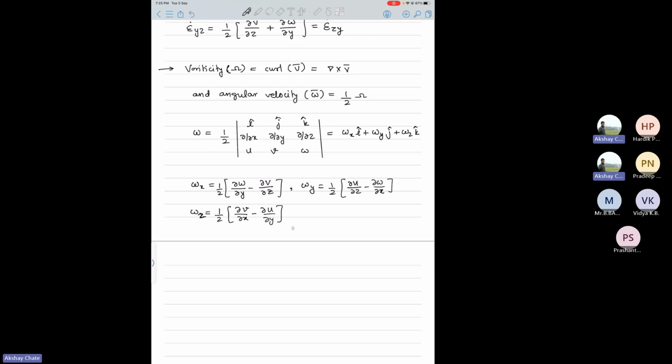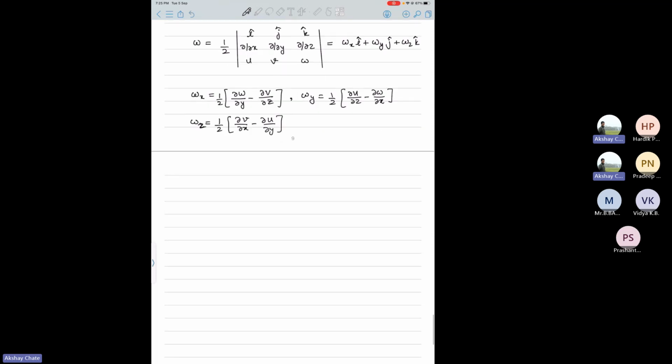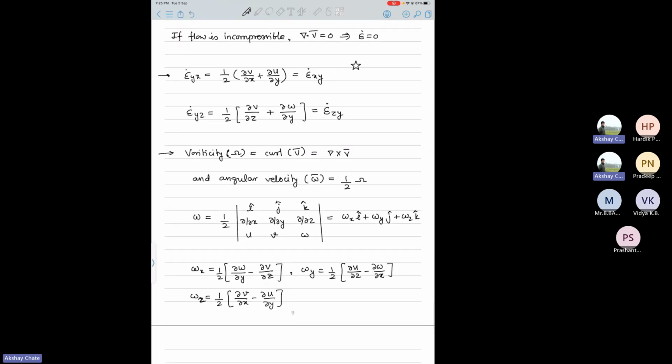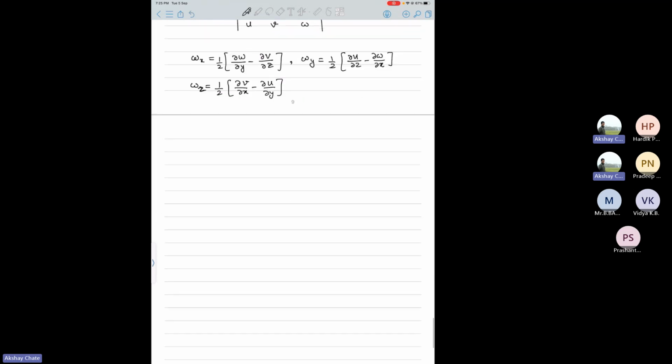There is a vorticity expression in polar coordinates also, but I think we'll leave it at this, because otherwise it will become too much. And then there is a last part, conceptually speaking, in this topic. Maybe after that we'll take some examples, which is called the potential function and stream function. I'm skipping through these topics very fast, but we have limited time.